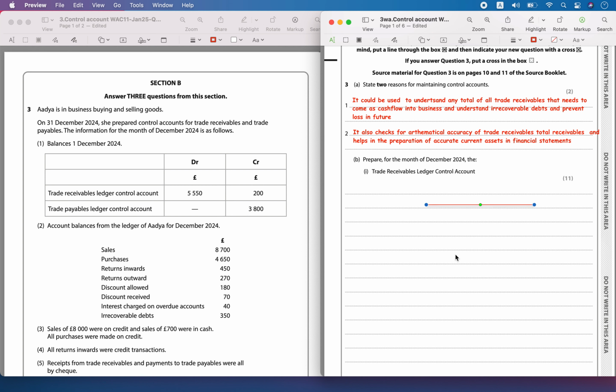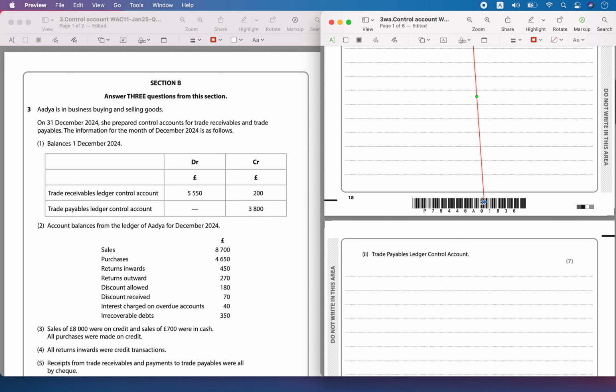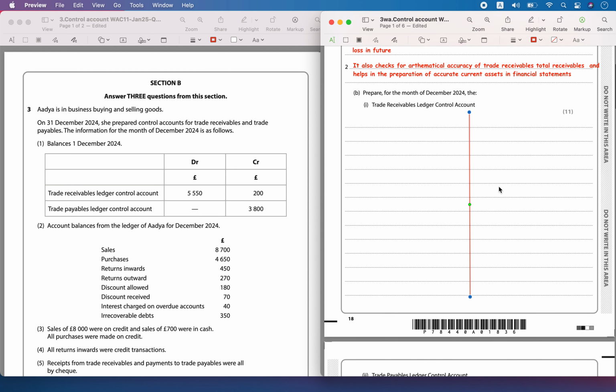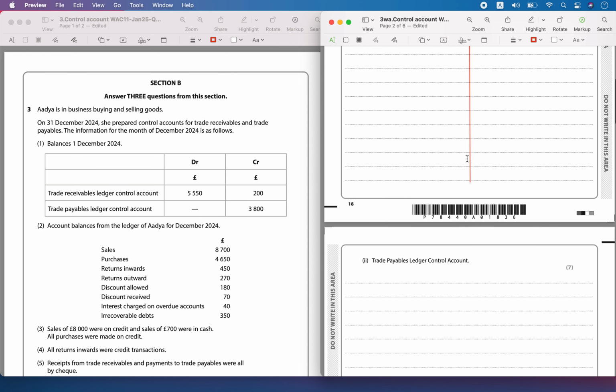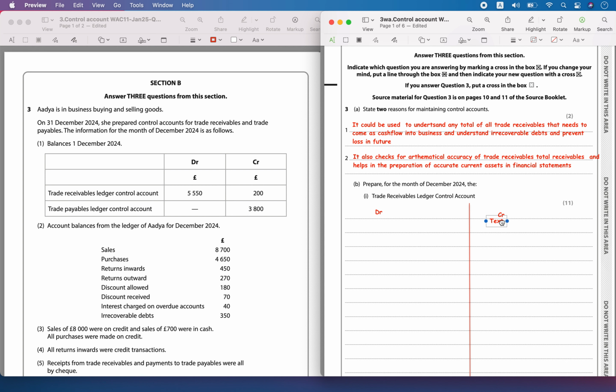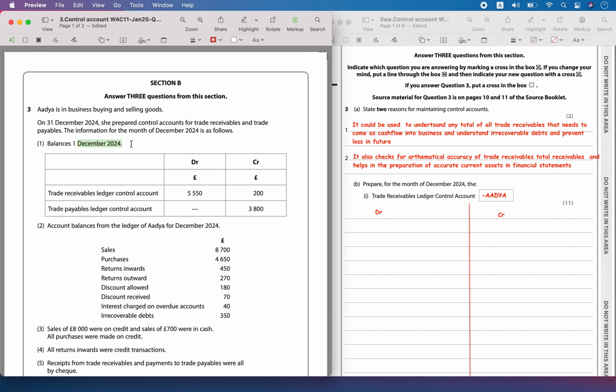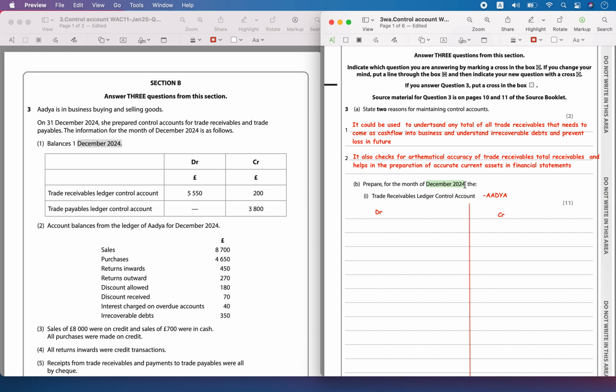So let's start preparing. This is the trade receivables ledger control account for Aadya for December 2024.